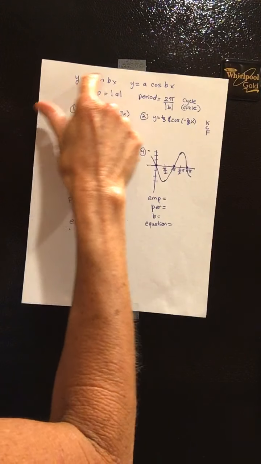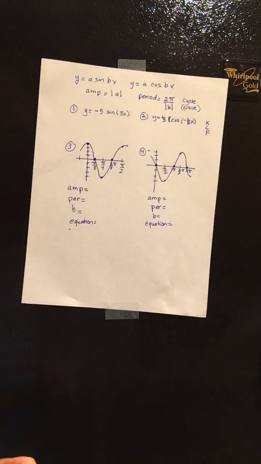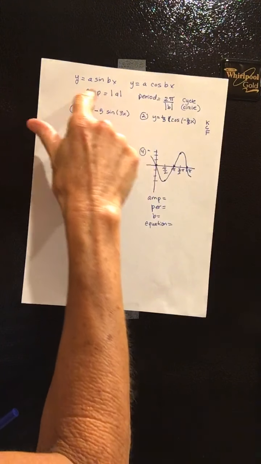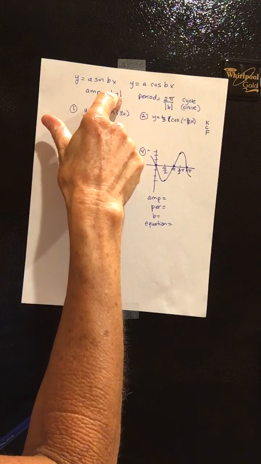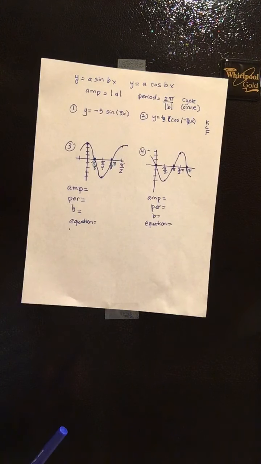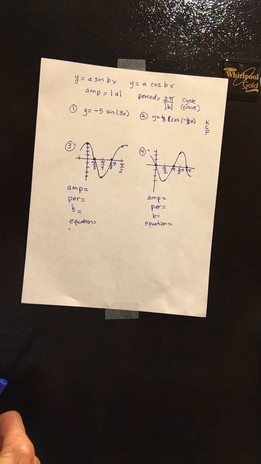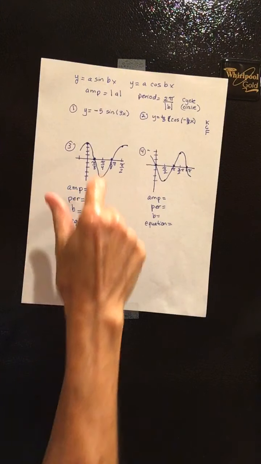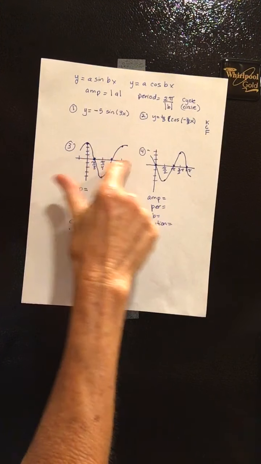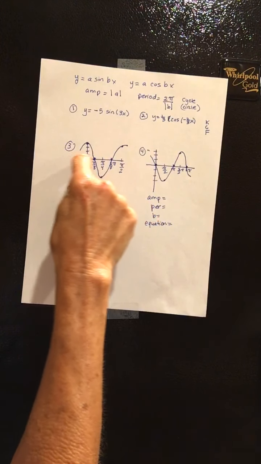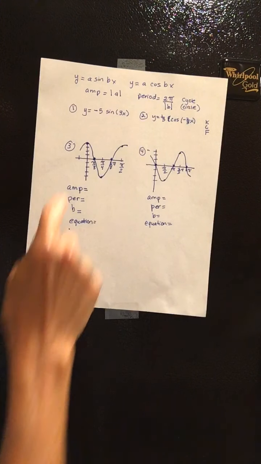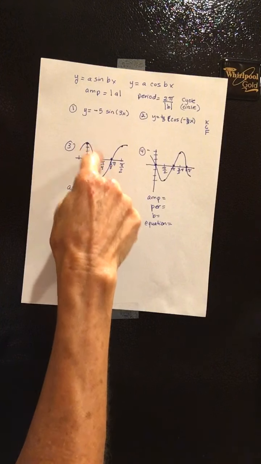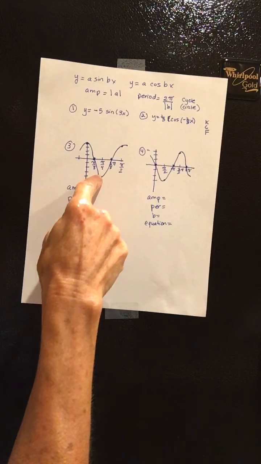So up here at the top, these are the equations, the standard form for sine and cosine, where this is amplitude. Amplitude is the absolute value because it's the distance on a graph from the midline. So for example, right here on this number 3, my midline happens to be the x-axis, so it's the distance to the maximum or the distance from the midline to the minimum.